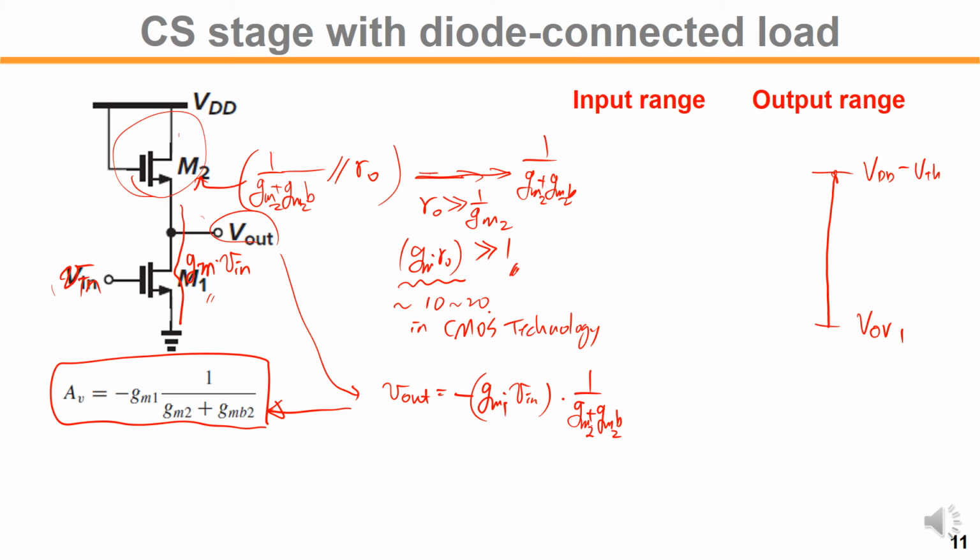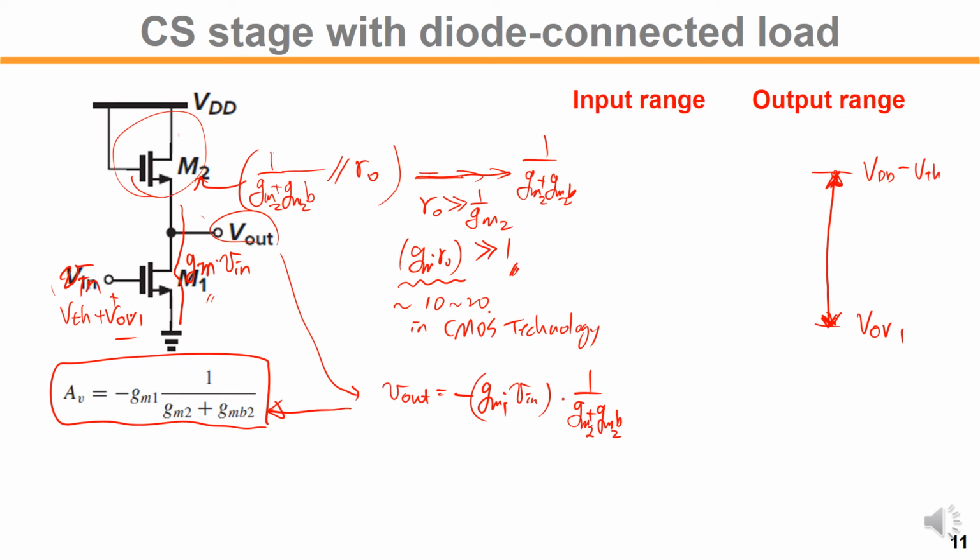At bias, VGS is biased at VTH plus V overdrive 1. So the overdrive of M1 sets the minimum output voltage.